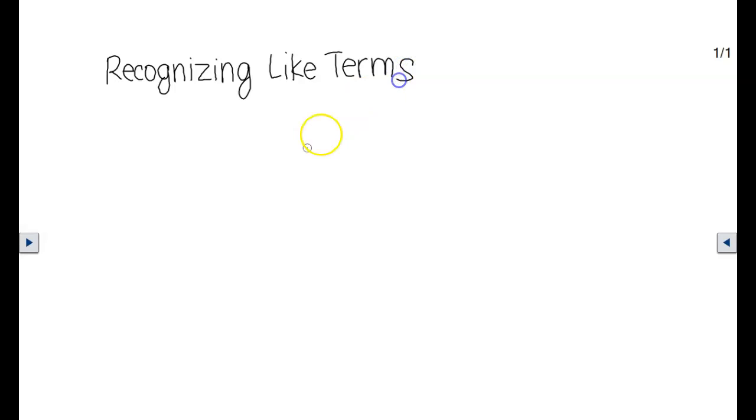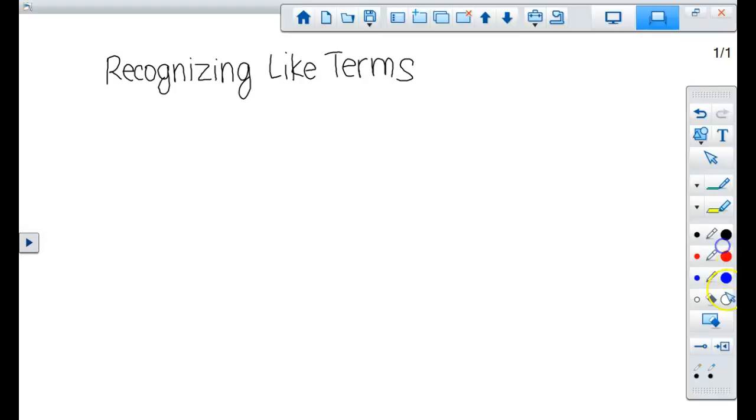Today, we are going to review recognizing like terms. So for today, we will be recognizing these like terms, and then starting tomorrow, you will actually be combining like terms. So two really, really important skills for Algebra 1.